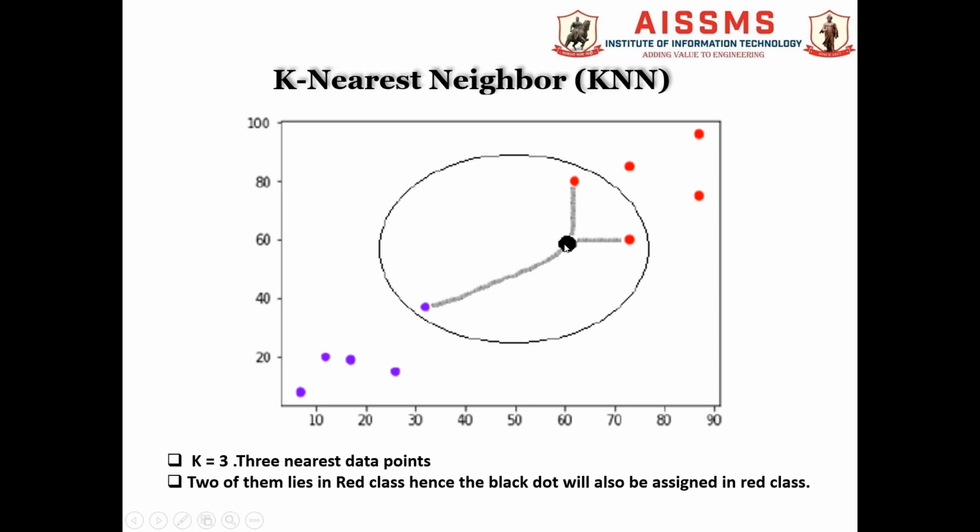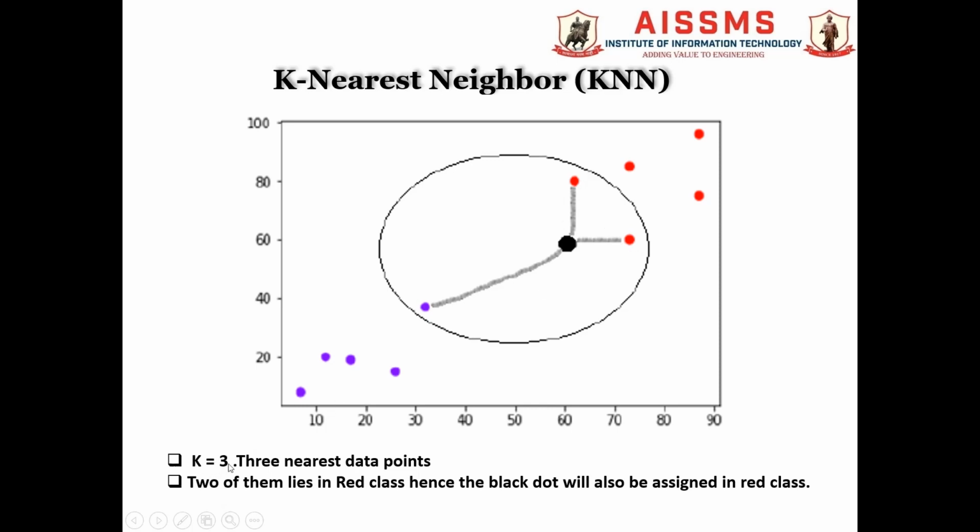What we can observe here is that the distance, Euclidean distance or Manhattan distance, whatever we consider, is less with these two data points. That way we will categorize this new data point in this red category.